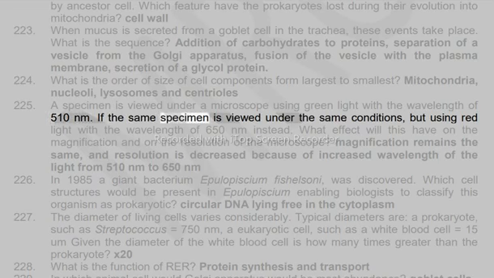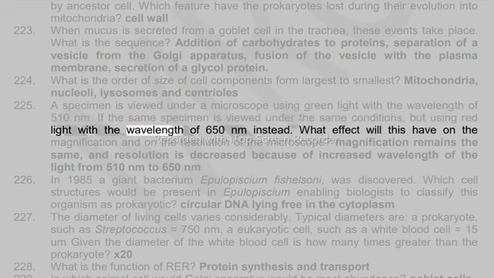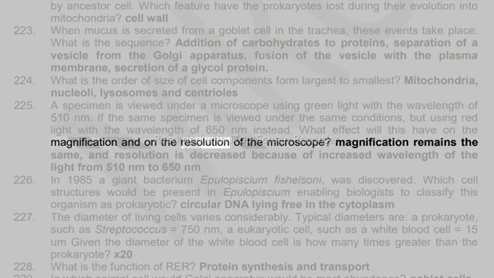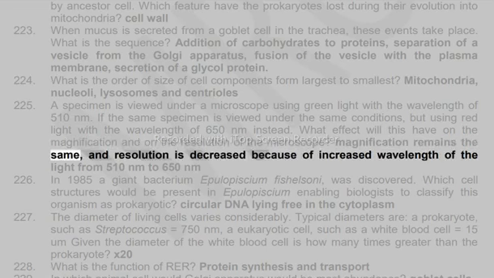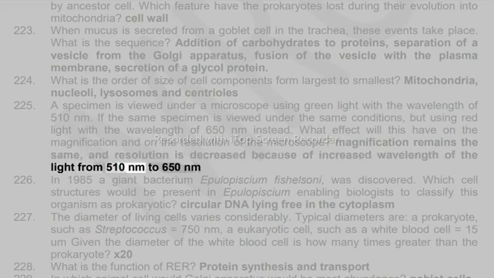If the same specimen is viewed under the same conditions, but using red light with the wavelength of 650 nanometers instead, what effect will this have on the magnification and on the resolution of the microscope? Magnification remains the same, and resolution is decreased because of the increased wavelength of the light from 510 nanometers to 650 nanometers.